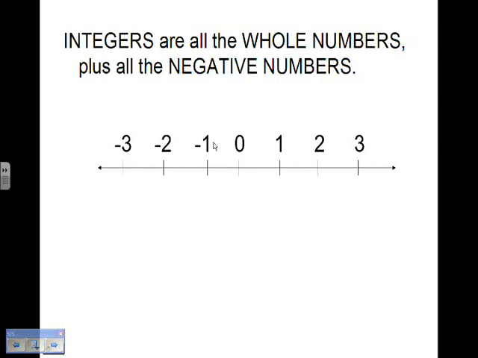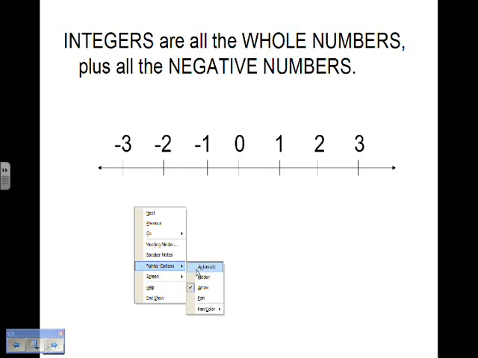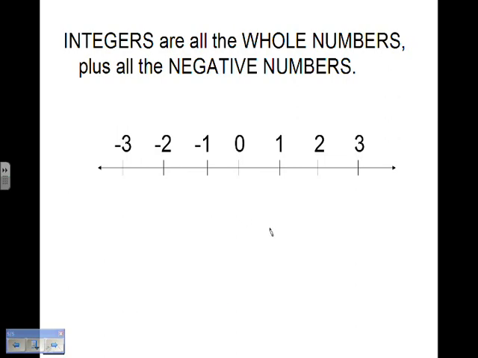If you notice here, I have these numbers written just as we are used to seeing them. You may also see those written like this with a plus sign in front of them, and that would indicate that they are positive integers as opposed to the negative integers.